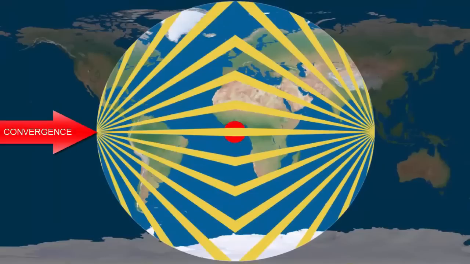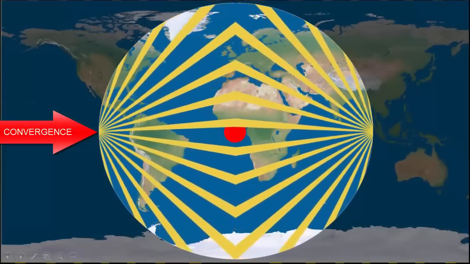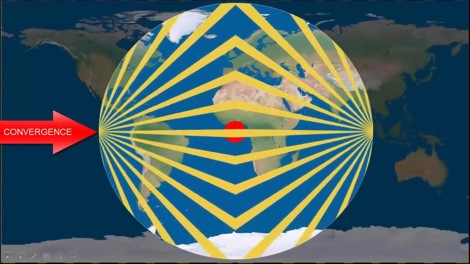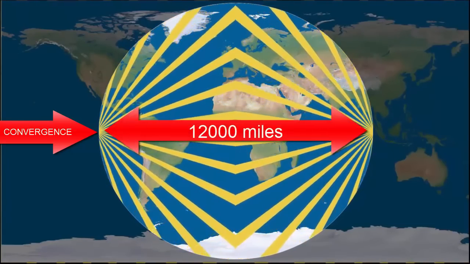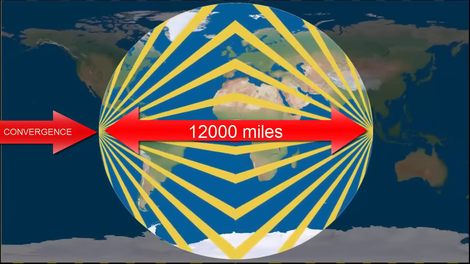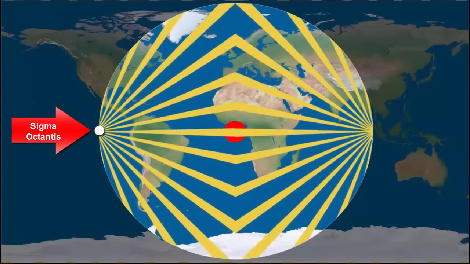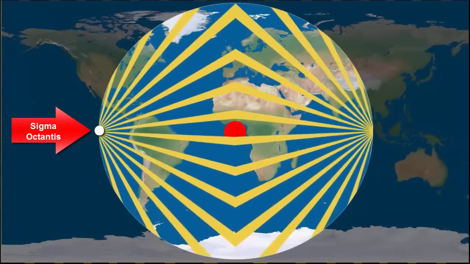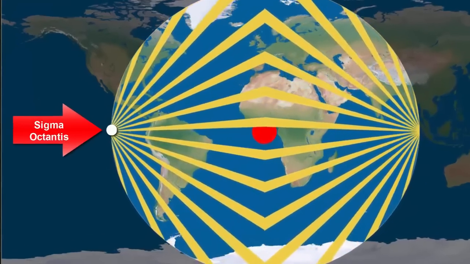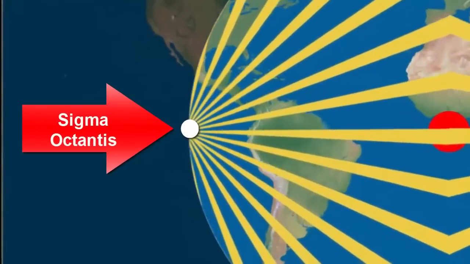Even though it's circling across your field of view, it's still going to be converged at one point, because it's 12,000 miles from the source, or 6,000 from the observer. Everything converges at that point. And so there you have Sigma Octantis sitting still all night long.